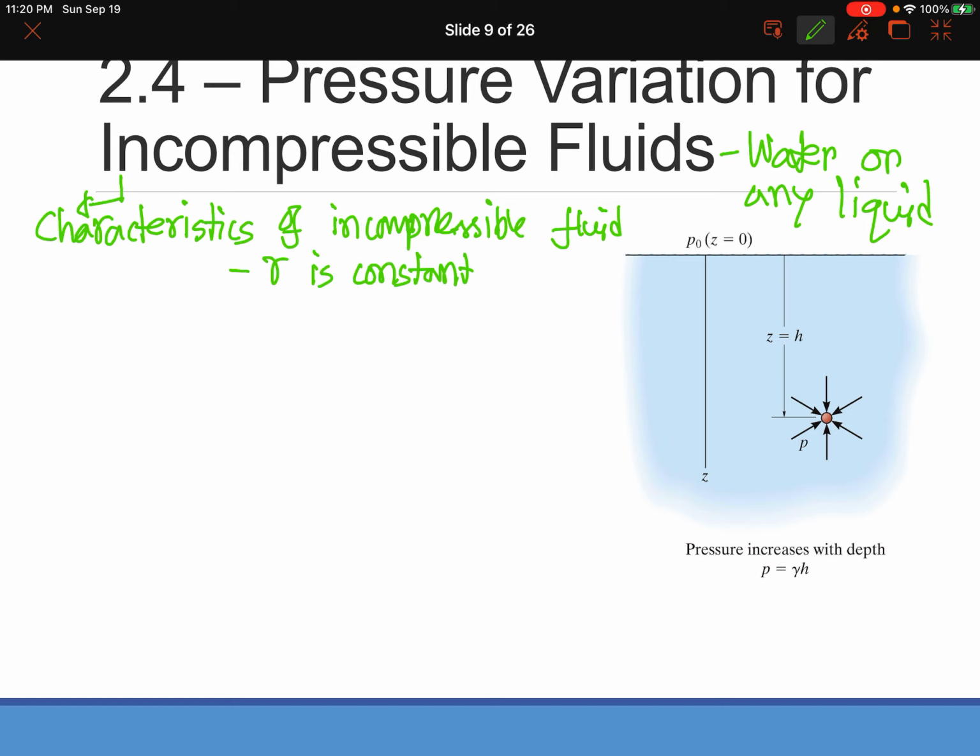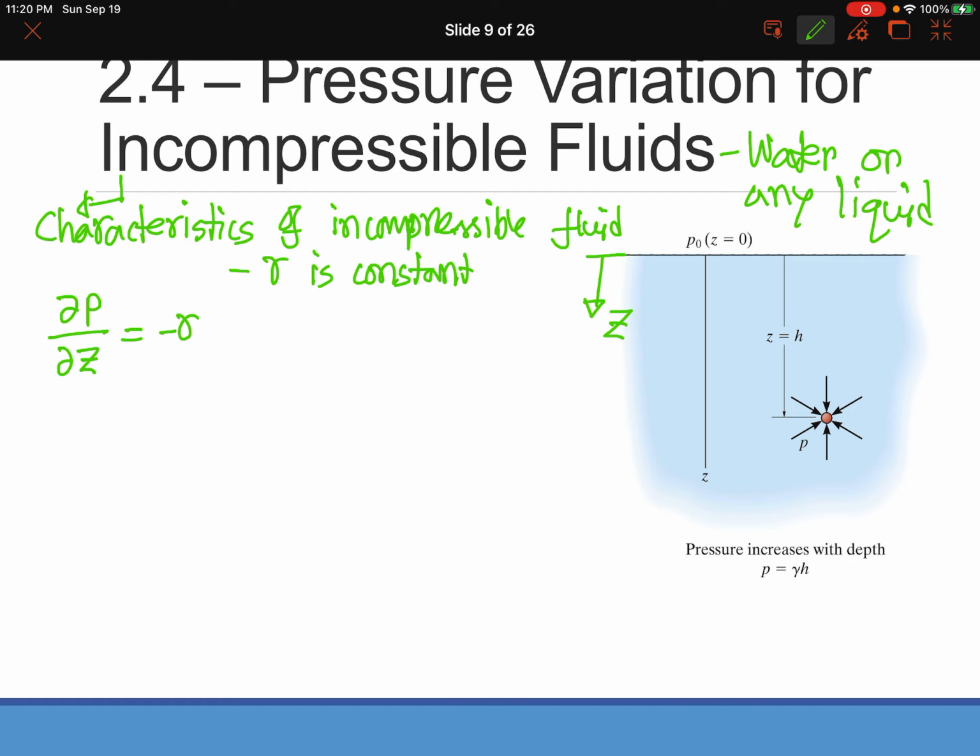The expression we just got from our previous slide was that the change of pressure is negative gamma. Now we said that the negative sign indicates that if we go in the downward direction, it will be positive. So that's what we will use here, because this time we will use the Z scale in the downward direction.